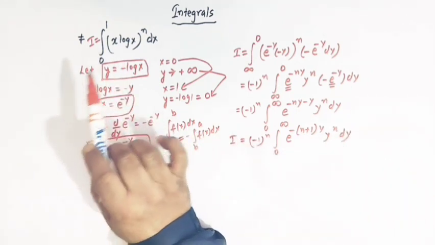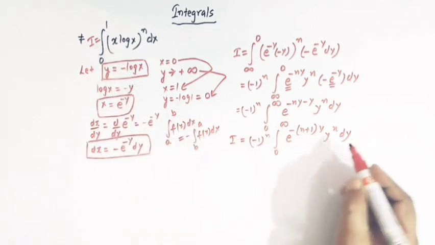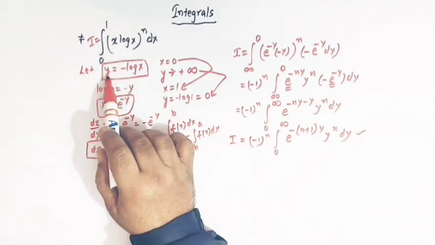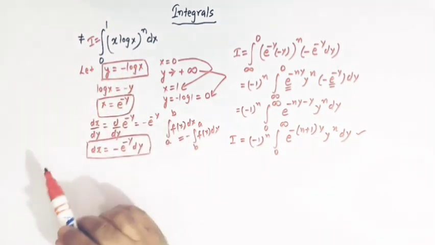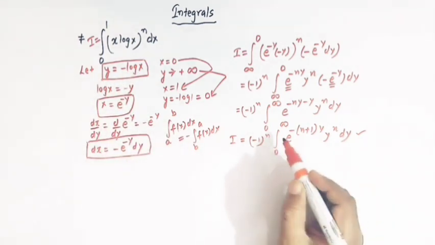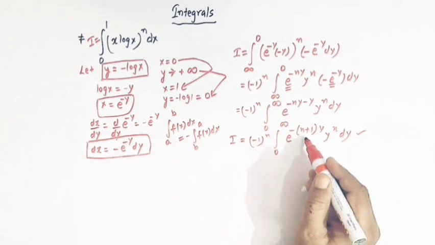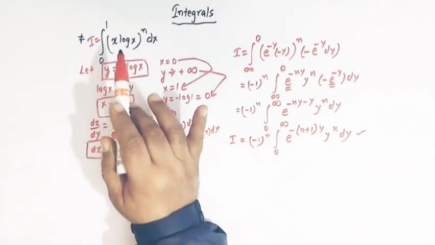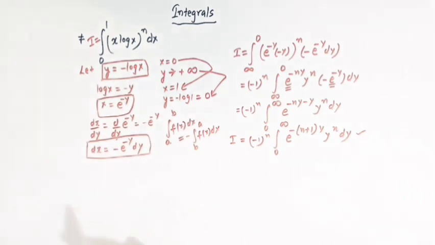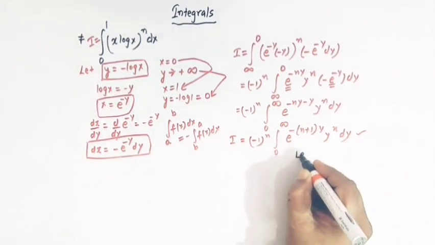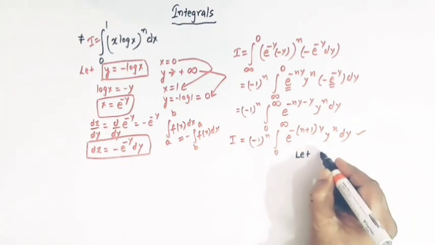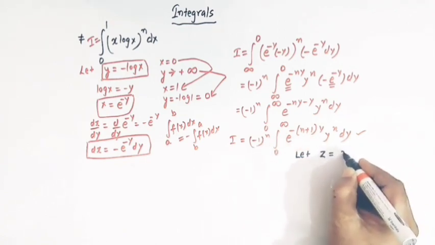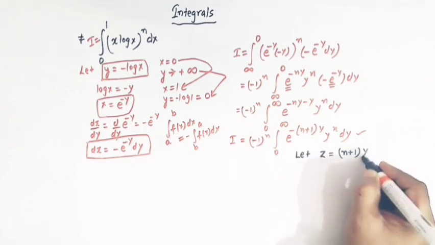So now we have reduced this integral into this one by making this substitution, y is equal to negative of log x, right? Now we'll make another substitution here. It implies that we have to solve this integral by making use of the method of substitution twice, right? So now let us take another substitution. Say z is equal to n plus 1 times y, right?